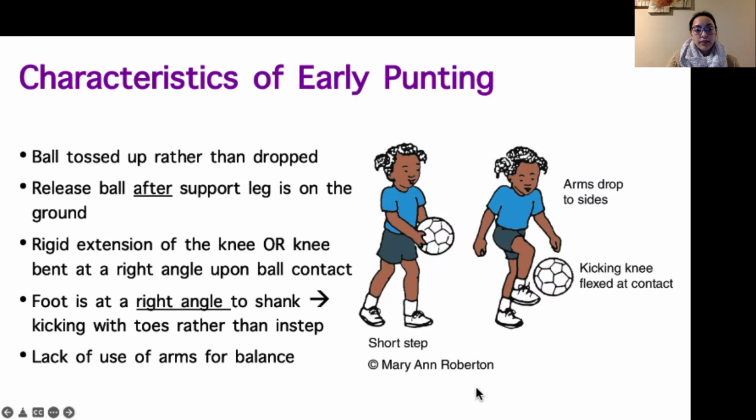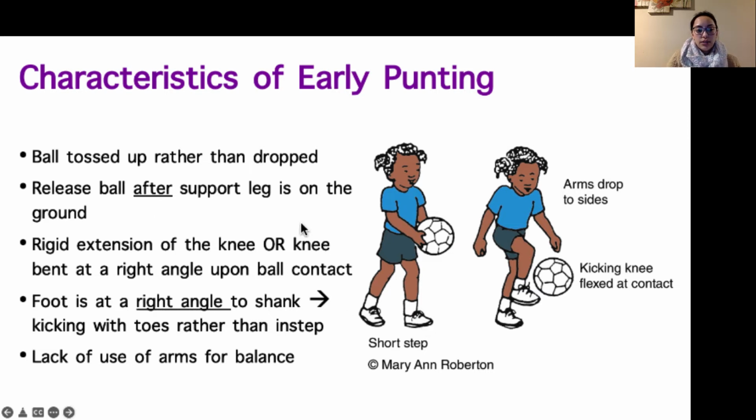For characteristics of early punting, usually we notice that the ball is tossed up rather than just being dropped from midair. Usually the release of the ball occurs after the support leg is on the ground, if a step is taken at all.